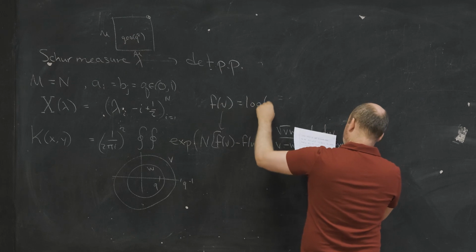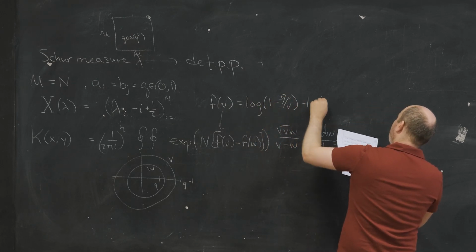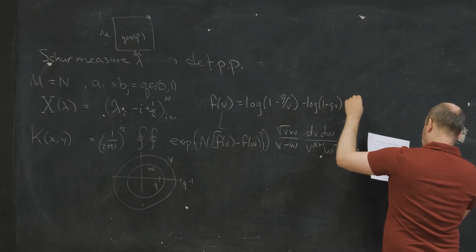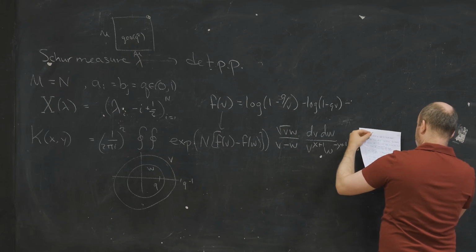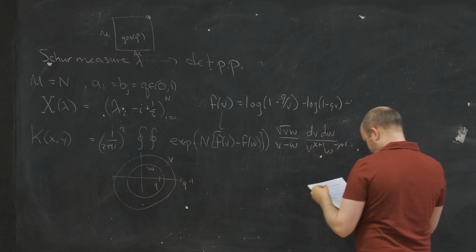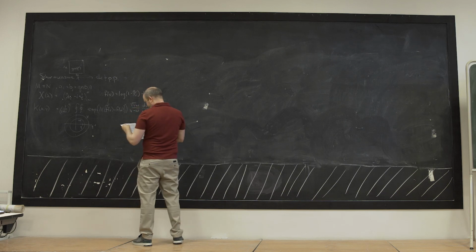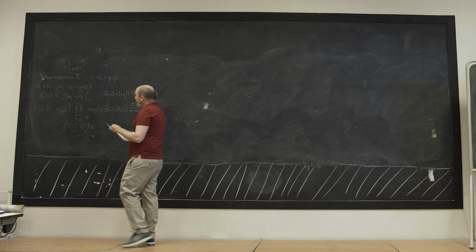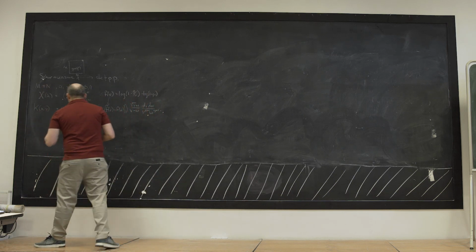So log of 1 minus q over v minus log of 1 minus qv minus, well, it's just that. Okay. So this is the type of formula you get. And so what can we do with this?